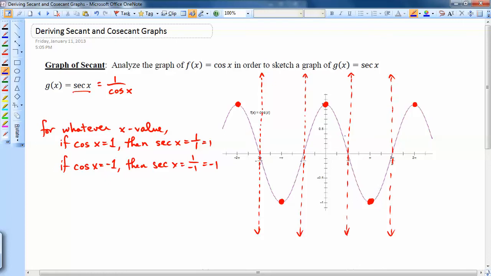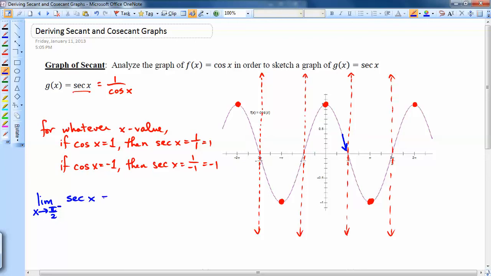Okay, so then I think the most detailed analysis comes when we're approaching one of these asymptotes, or zeros for cosine. So let's look at what happens as I come in from this side towards pi over 2. I want to see what's the limit as x goes to pi over 2 from the left of secant, because that's ultimately what we're trying to graph.